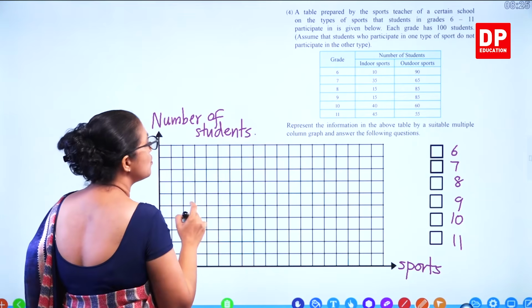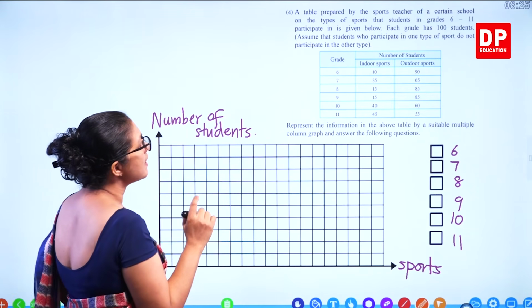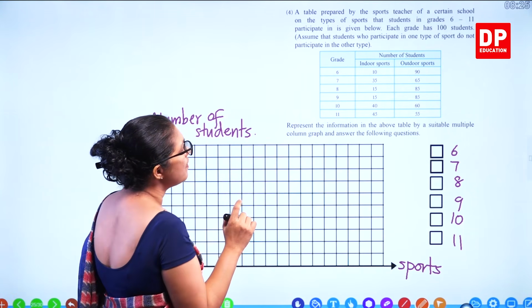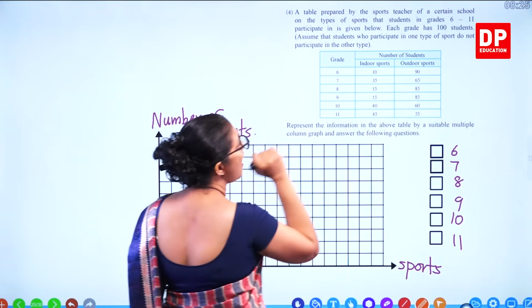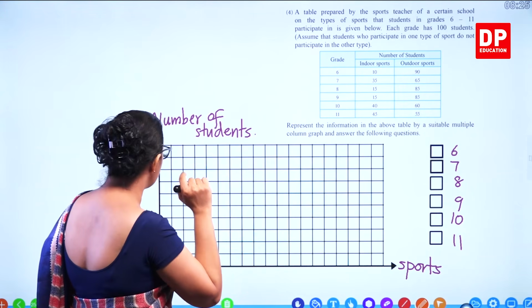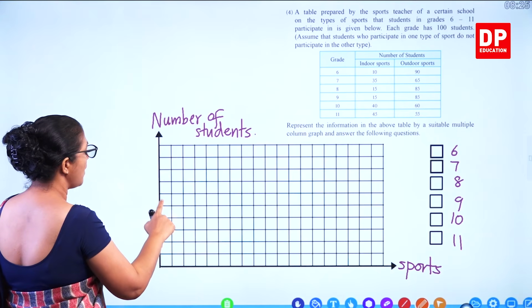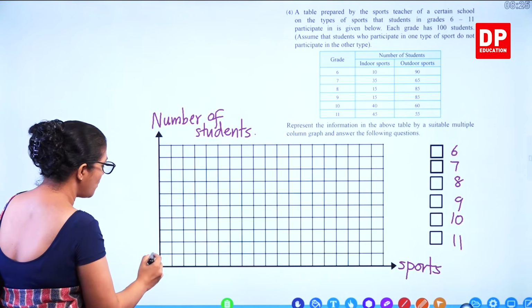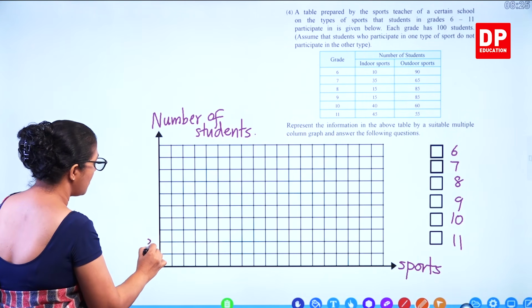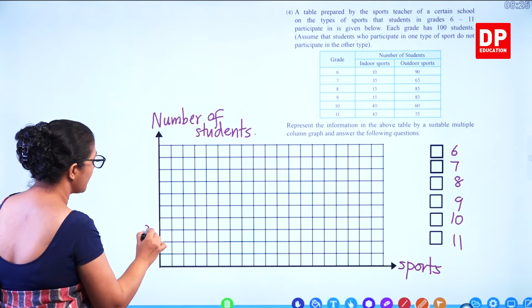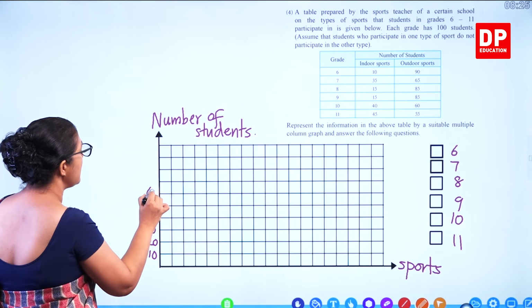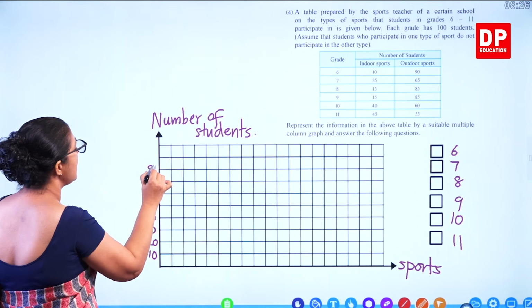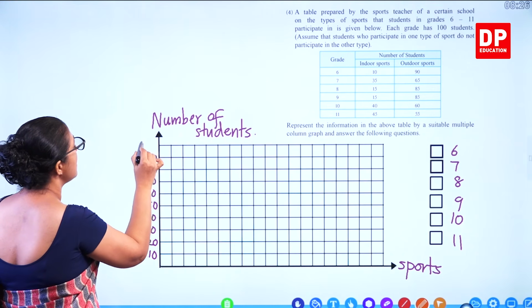Now try to take a suitable scale. When you look at the values, 90 is the highest and 10 is the lowest. We can take 1 square as 10: 10, 20, 30, 40, 50, 60, 70, 80, 90, 100.